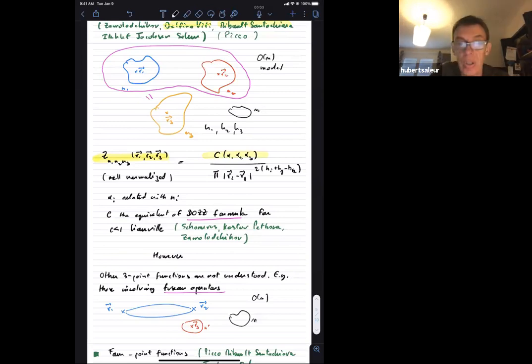I hope I'm not forgetting anybody. So there is a formula for this 3-point function, complicated formula involving the epsilon function and so on. And it's been checked numerically to incredibly high precision that this formula exactly describes the amplitudes in the geometrical problem.